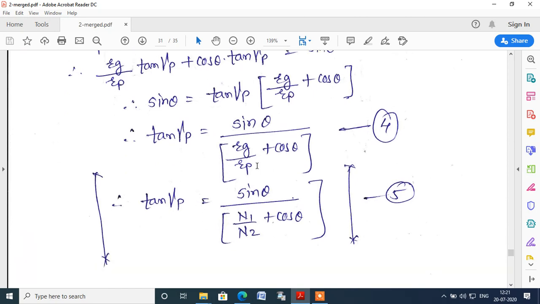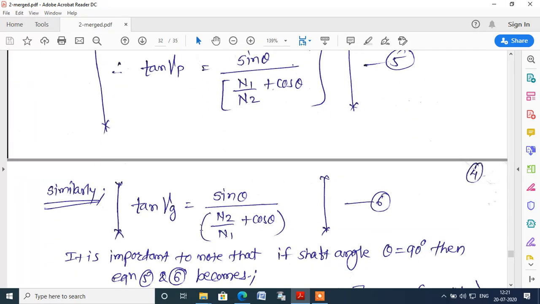So tan gamma P can be written as sin theta upon N1 by N2 plus cos theta. Similarly, we can calculate tan gamma G, which becomes sin theta upon N2 by N1 plus cos theta.